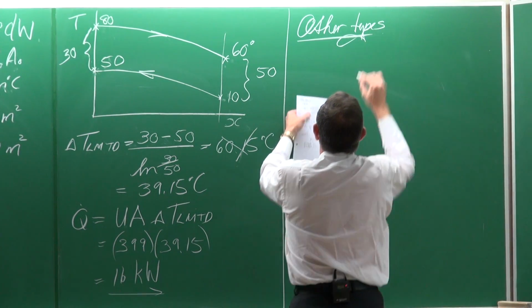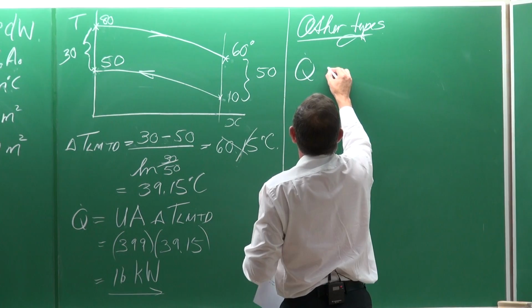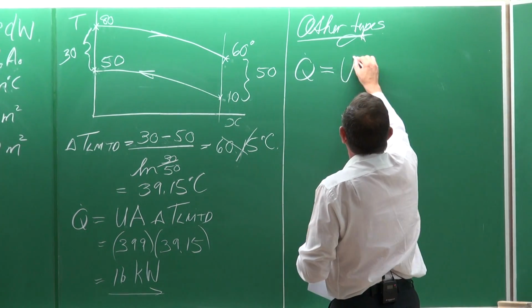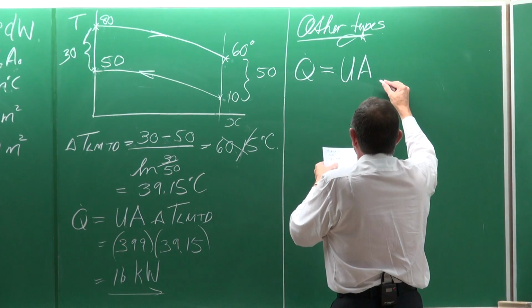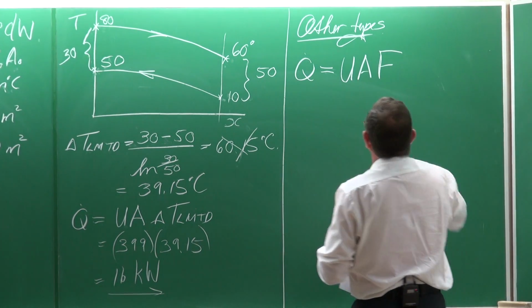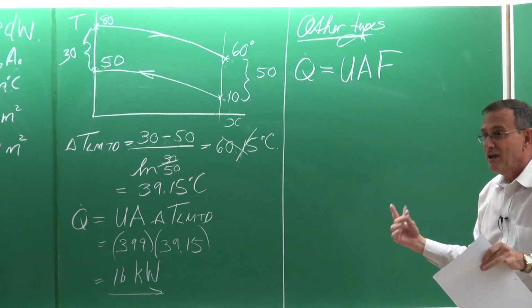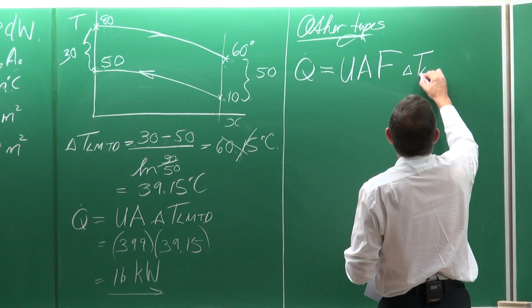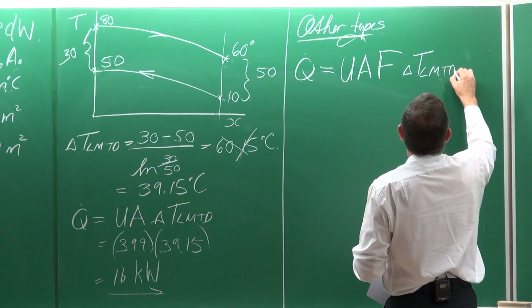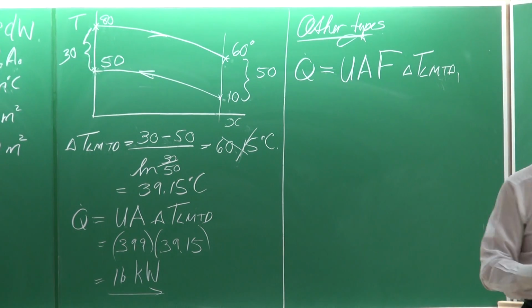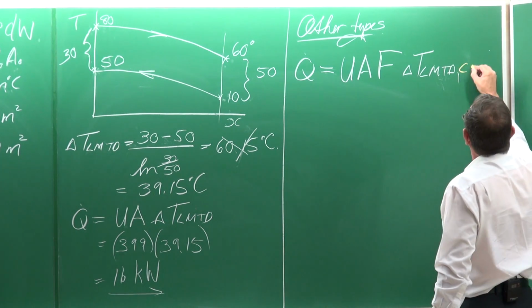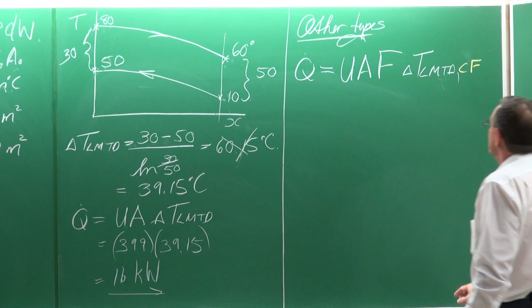Well, like we do in engineering or in the sciences, in many cases, when we do not really know how to handle these theoretically very sound and correct, we use a fudge factor F, which is a correction factor. However, the correction factor is always based on the fact that you use the LMTD as if it is a counterflow heat exchanger.